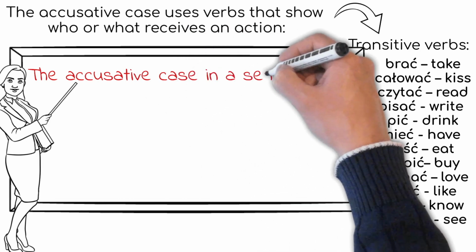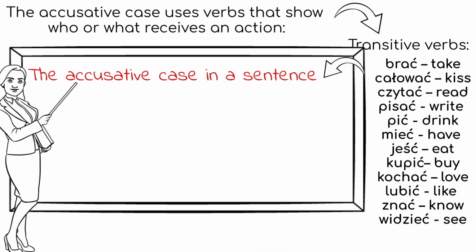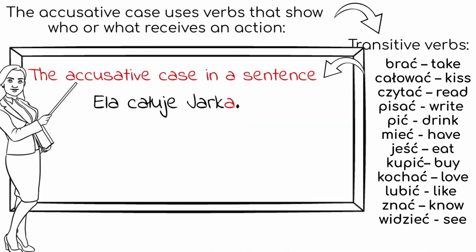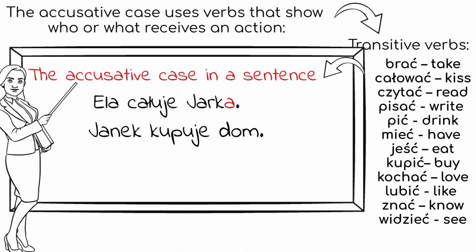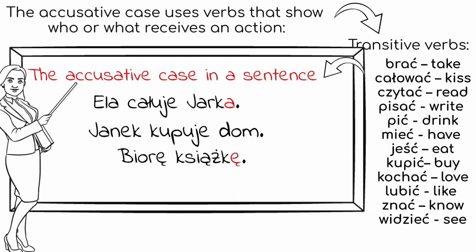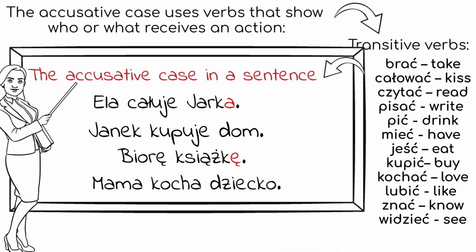Let's use these verbs in a sentence. Ela całuje Jarka. Janek kupuje dom. Biorę książkę. Mama kocha dziecko.